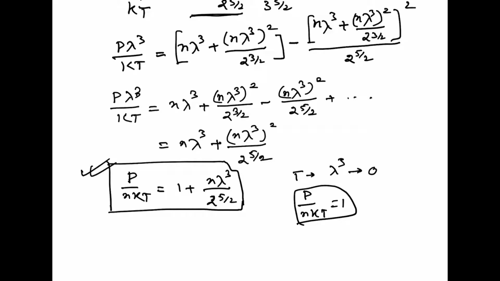So it is easy to understand that all other thermodynamic functions will reduce to those for a classical ideal gas along with small corrections. Let's take the second case now, case 2.